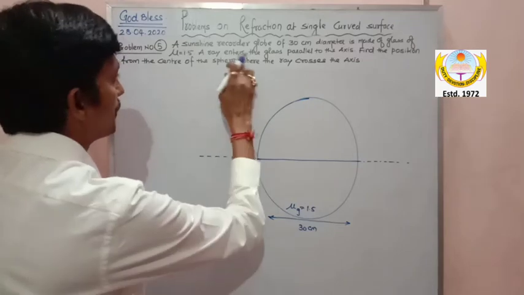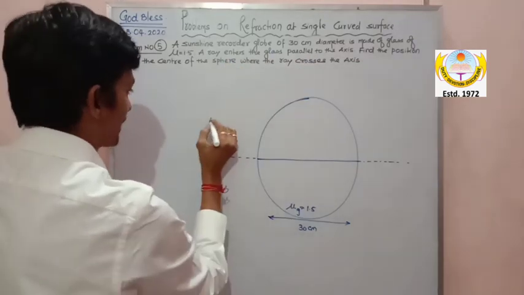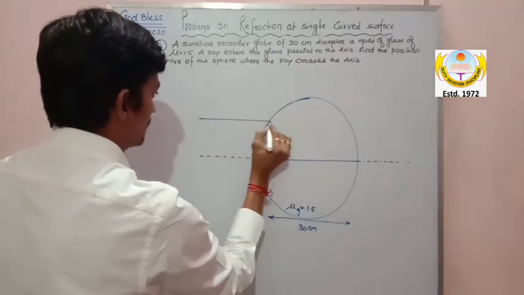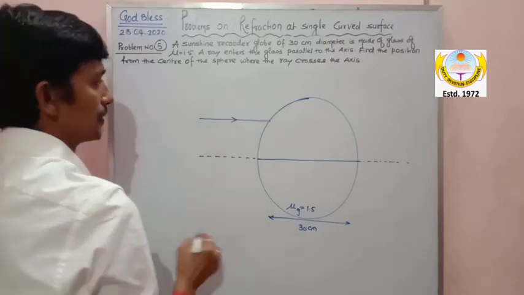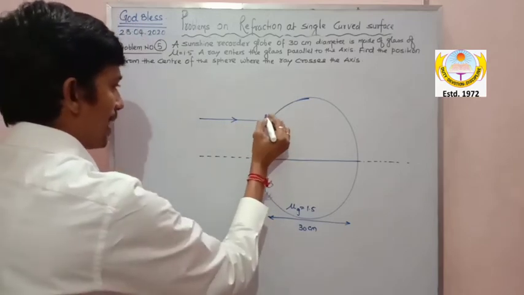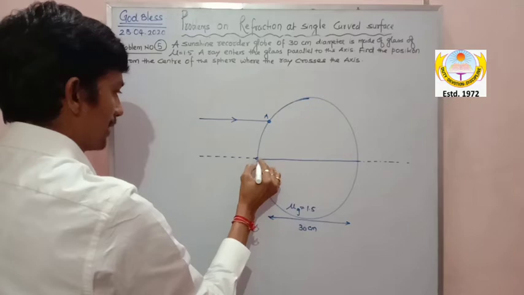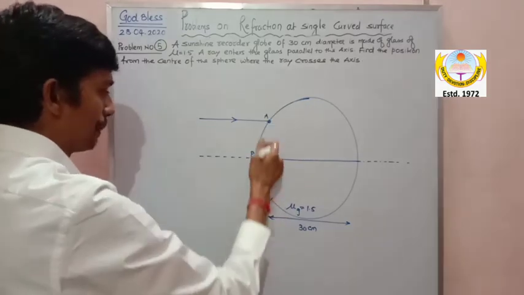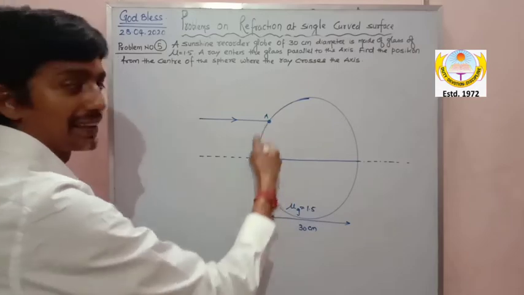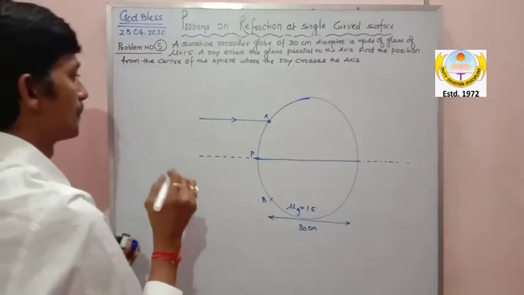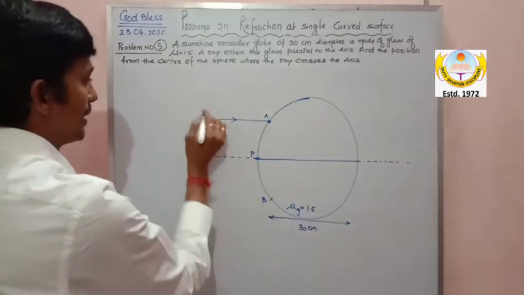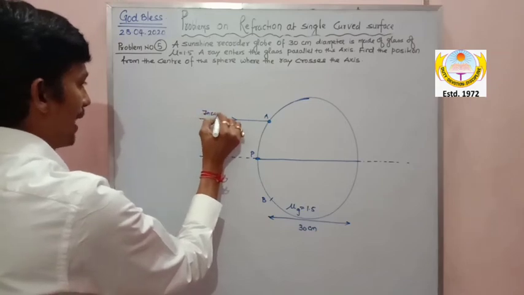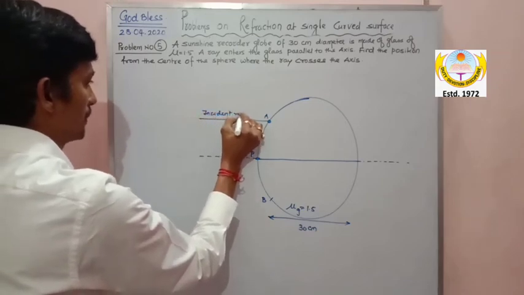So a ray will enter parallel to the axis. Say the ray entered here. And here I marked A, here I marked say pole, and here I marked B. That is APB is my first refracting surface. And this is the incident ray that is parallel to the axis.